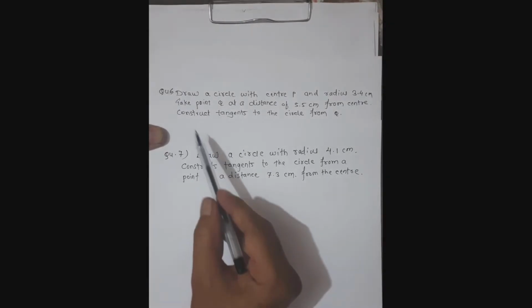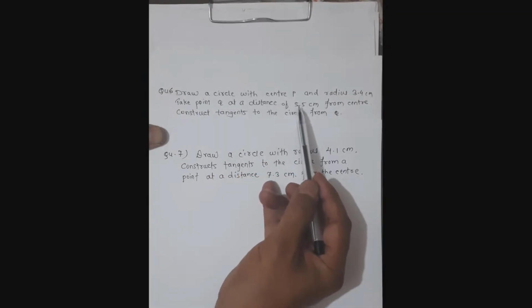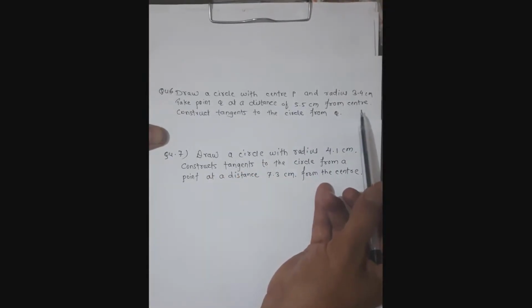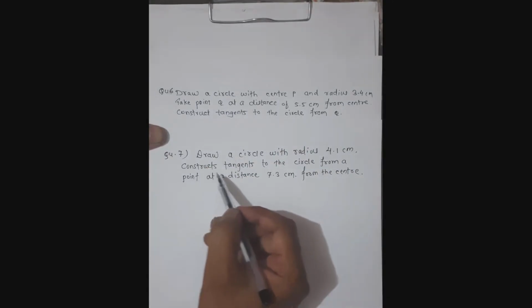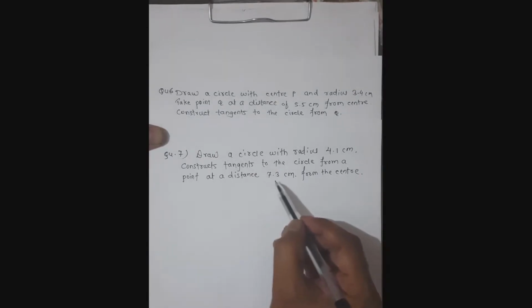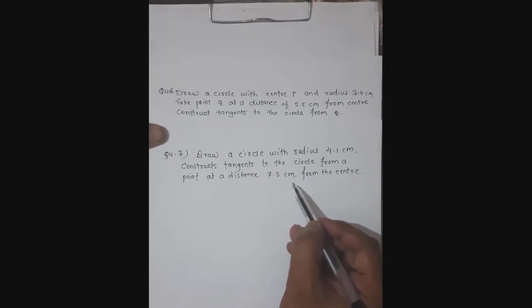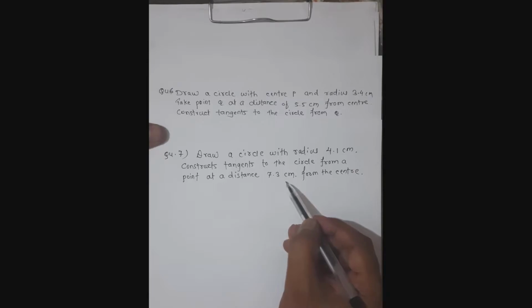Then here the word is take a point Q at a distance of 5.5 centimeter from the center. So instead of this statement, here the statement is construct tangents to the circle from a point at a distance 7.3 centimeter. That means here we have to take any point which is at a distance 7.3 centimeter from the center.